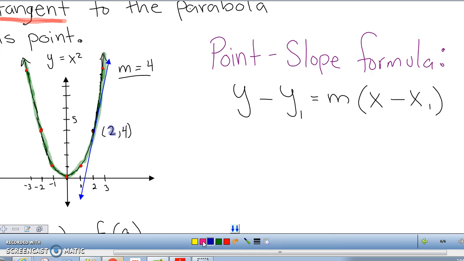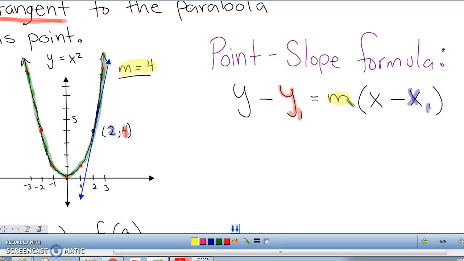From this point on, this is not even calculus anymore. Very easy. So we're just going to plug in those values. Now keep in mind, this is the slope for the tangent line.